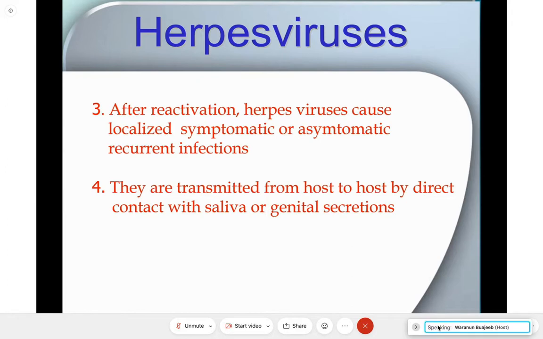And sometimes lesions occur in the oral and perioral areas. With that, the virus can be transmitted from host to host, for example if you use the same utensil or come into contact with saliva, or if the genital organ is infected, the genital secretion can also be a source of the virus.